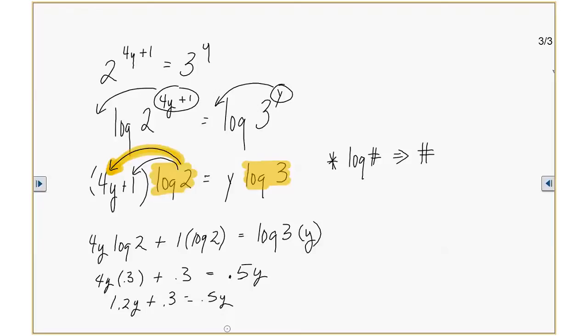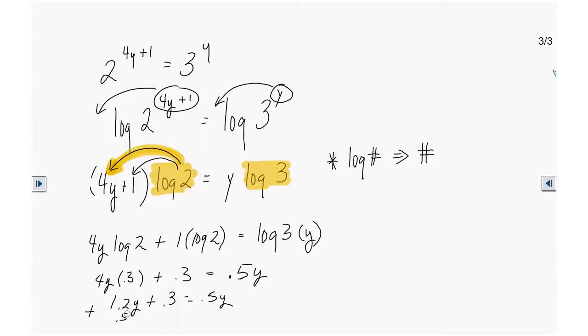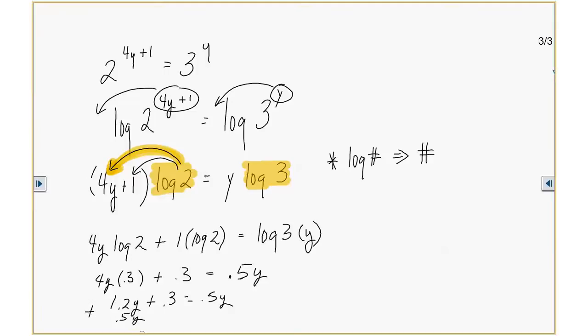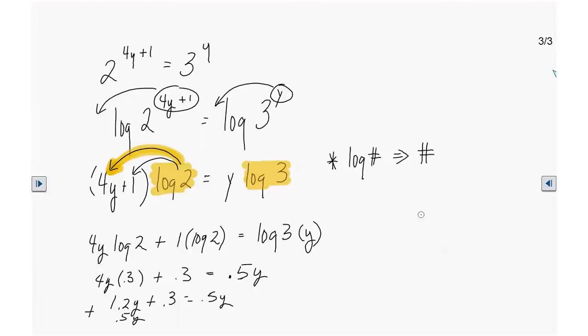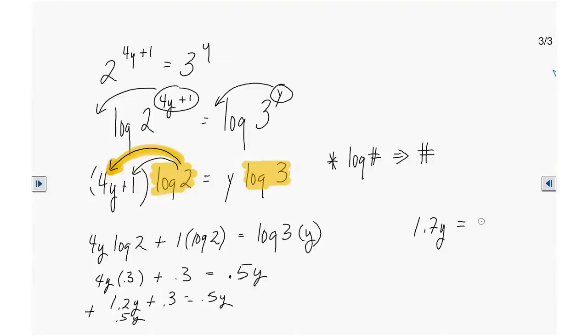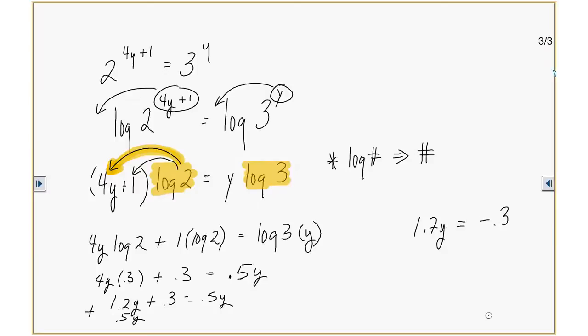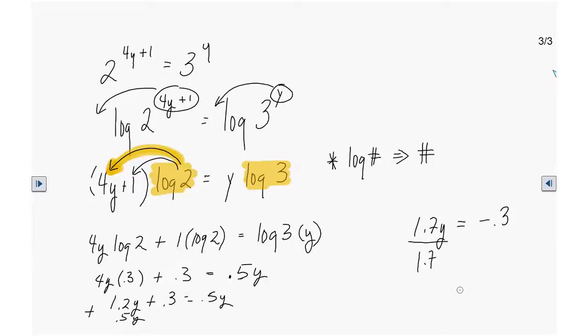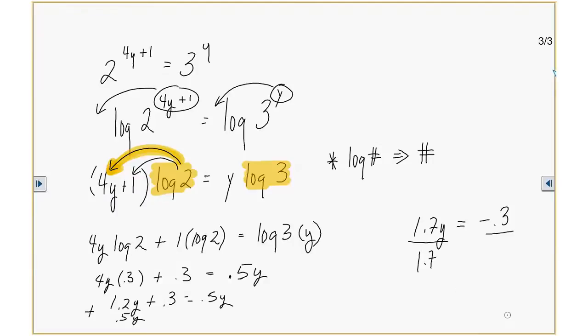No, the smallest bucket is 50 cents. So I'm going to bring the 50 cents over, plus 0.5y. So that's going to give me $1.20 plus 50 cents, $1.70, is equal to negative 0.3 divided by 1.7. That's minus.